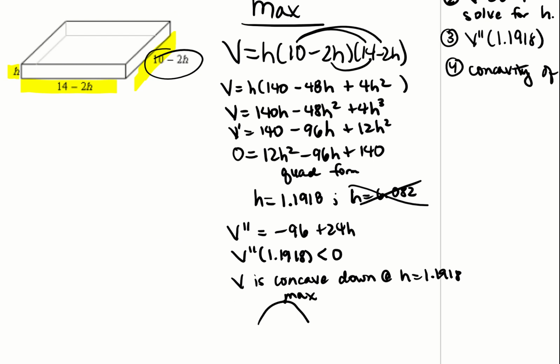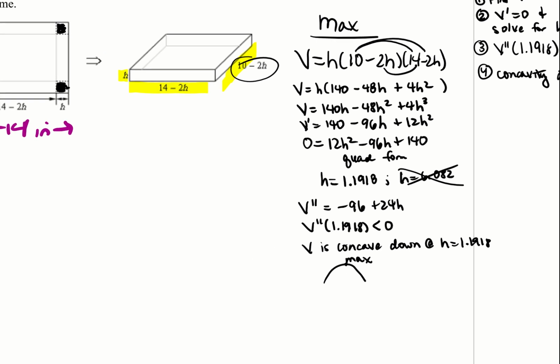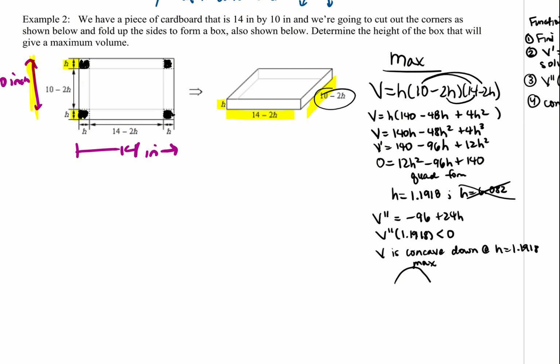What this tells me is that I will always end up with this as the highest max. I'm never going to have another turning point where I could then rise back up again. So since this is the only critical value, this is an absolute max. And so the height that gives the maximum volume is 1.1918, and I guess this is measured in inches according to the original problem.